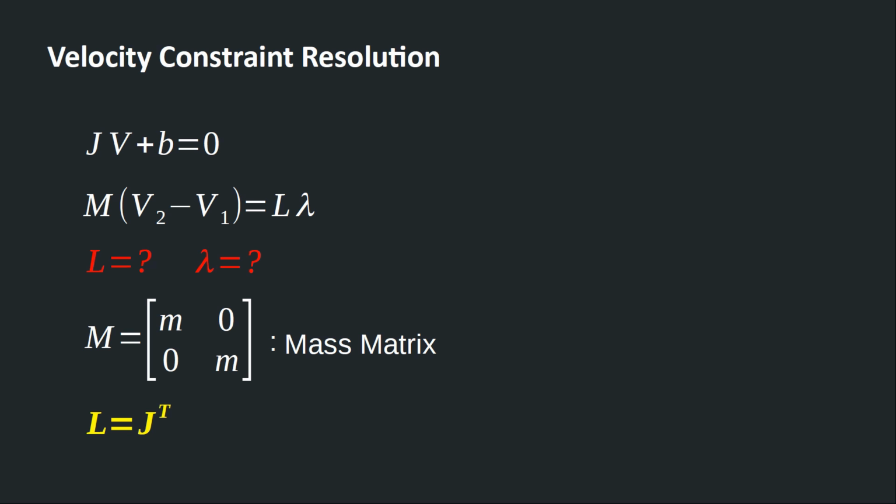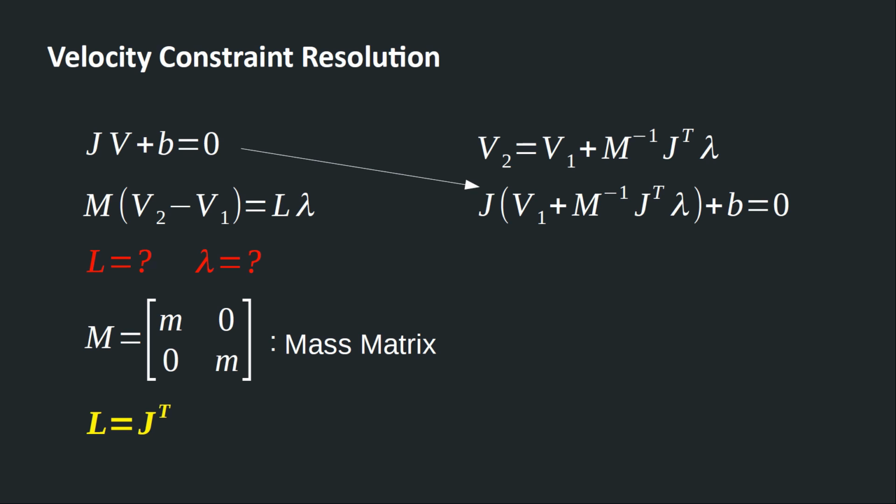If we move things around from the second equation, we can end up with an expression for V2 in terms of V1, the mass matrix, the Jacobian matrix, and lambda. We also know that if we plug this expression back into JV plus B, or plug V2 back, it's going to be equal to 0. So we'll get this.